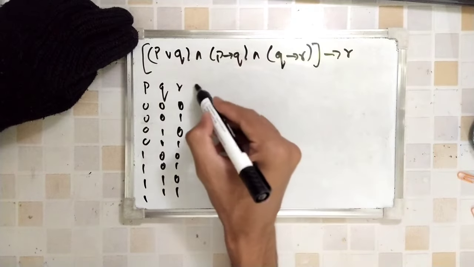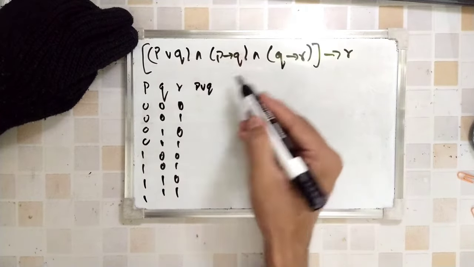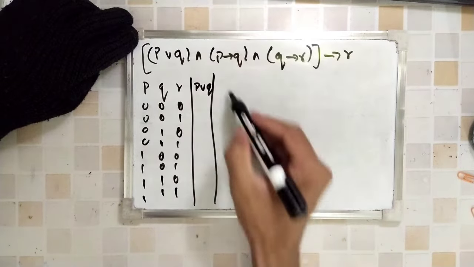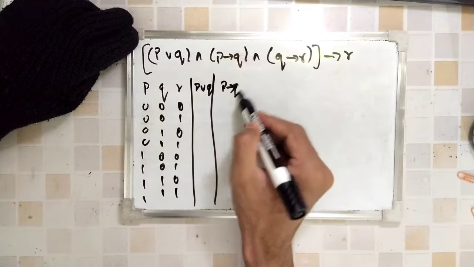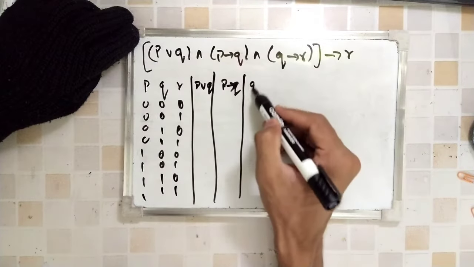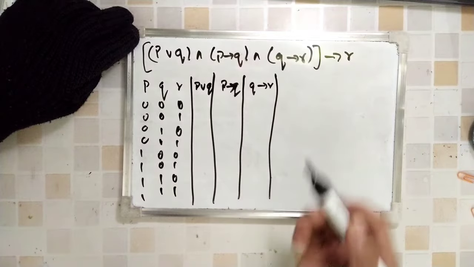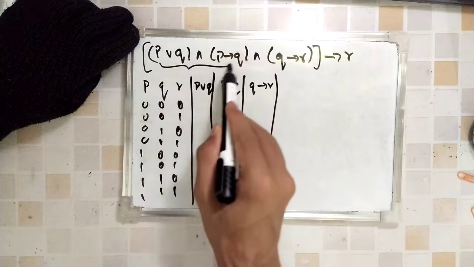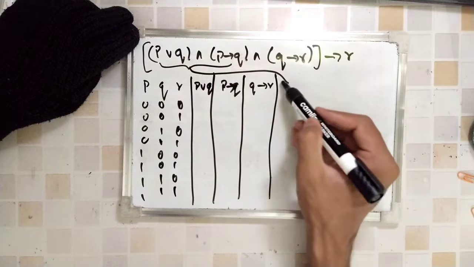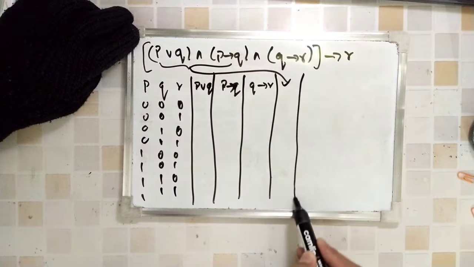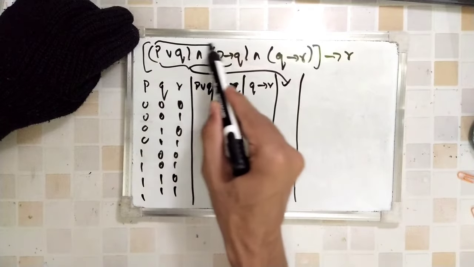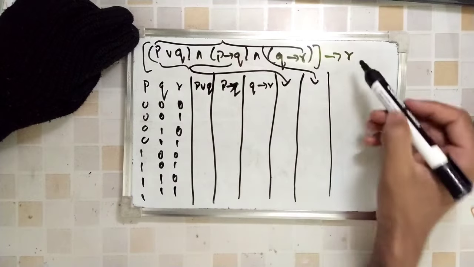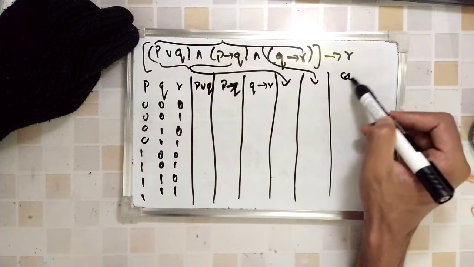So first let me find P or Q, then I'll find P implies Q, then I will find Q implies R, then I will find this thing, then I will find this whole thing, then I will find the final question itself.